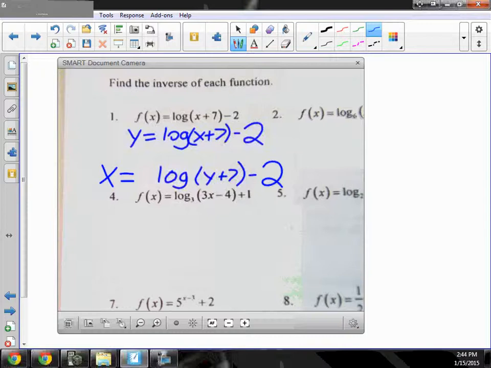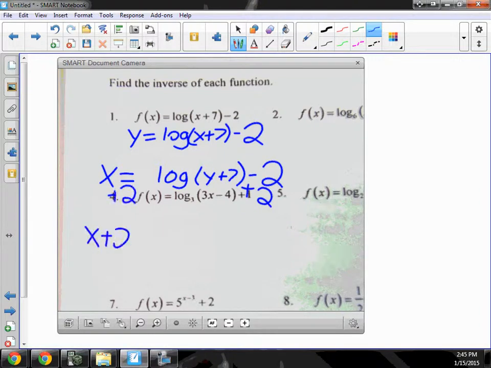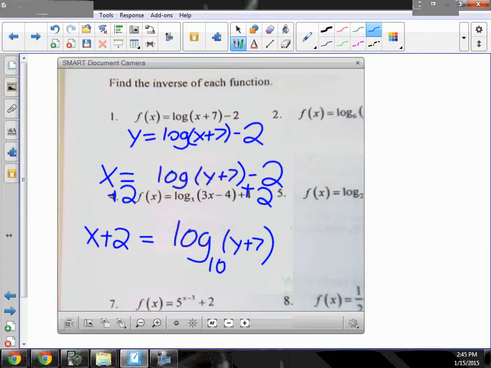The only trouble is we want it in y equals form. So we need to solve for y. And it looks tough, but it's really easy. We want to get the logarithm by itself, and then we convert to exponent. So I'm going to add 2. So x plus 2 equals log base 10 of y plus 7. How do you convert this to exponential form?